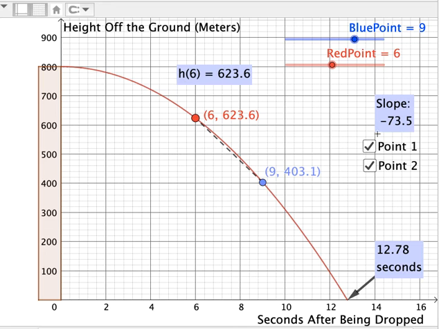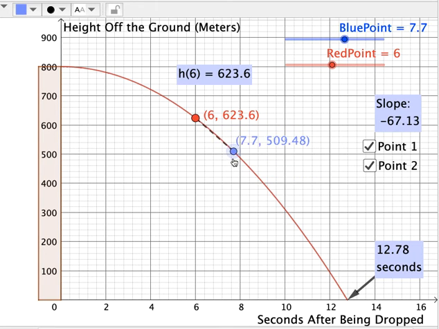And when I look at the slope of negative 73.5, what that means is that for every extra second that the ball traveled or dropped, it went down in height by another 73.5 meters. So on average, between 6 and 9 seconds, the ball was traveling at negative 73.5 meters per second.